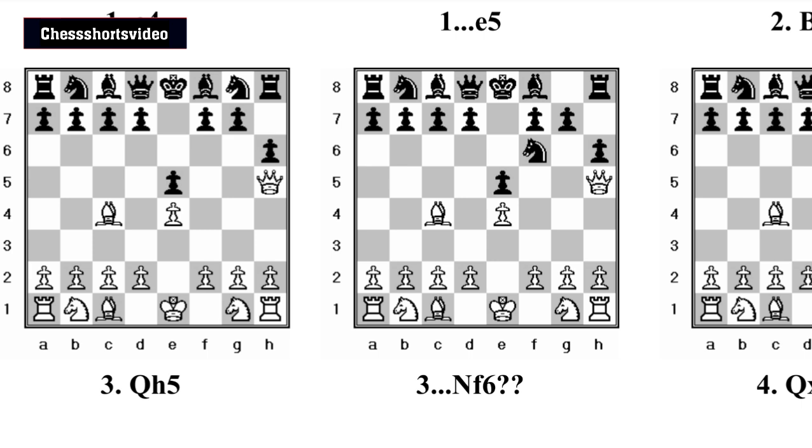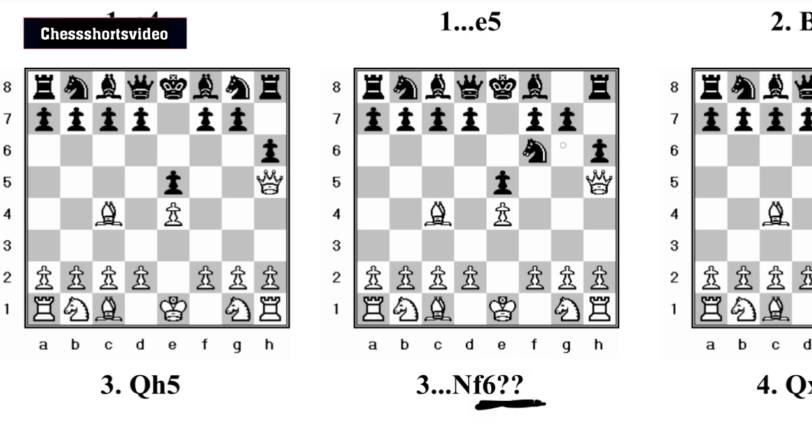Your queen in the position of h5, this is Qh5. Why Q? For queen, and h5 means it goes to position h5. So this is Qh5. Nf6, your opponent plays, and your opponent plays a blunder. That's why there are 2 question marks here.